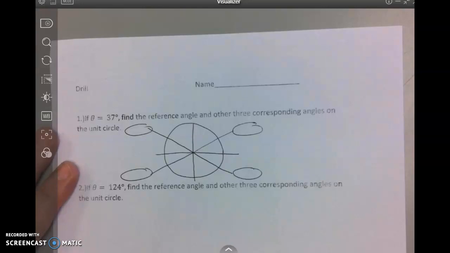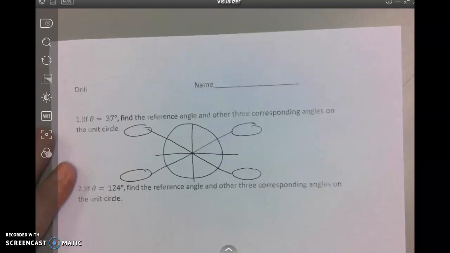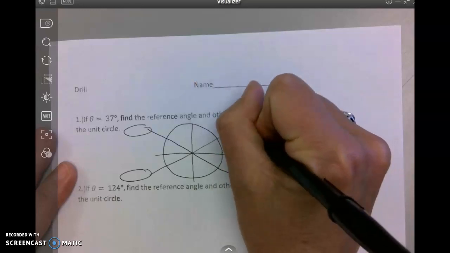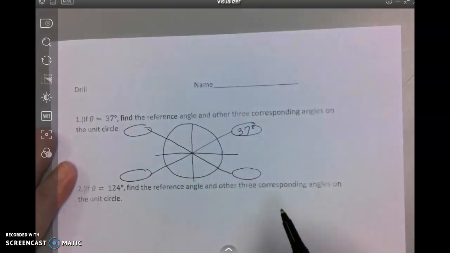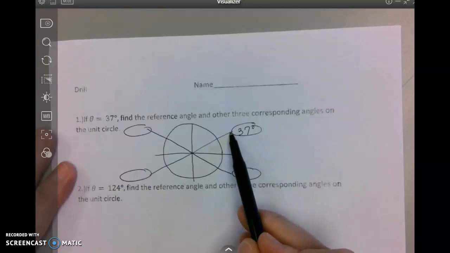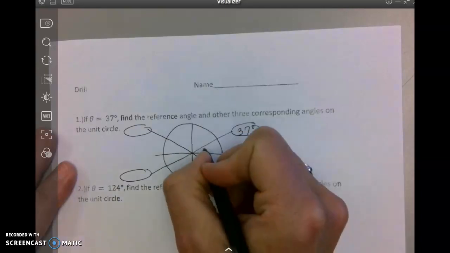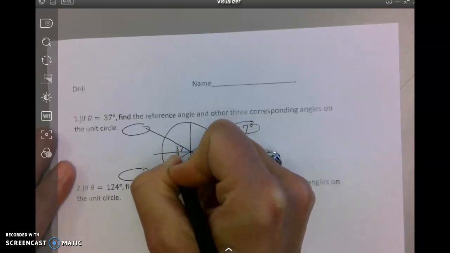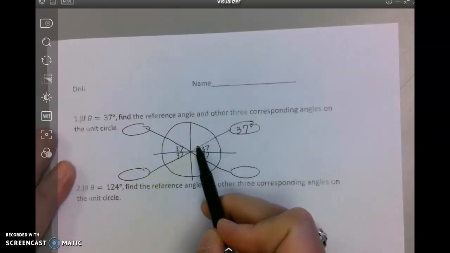Okay. So 37 degrees. Where is 37 degrees? That's going to be right here in the first quadrant. And I've got to figure out the other angles. So first of all, now that I know the first quadrant, I automatically know the reference angle. Go straight across here.